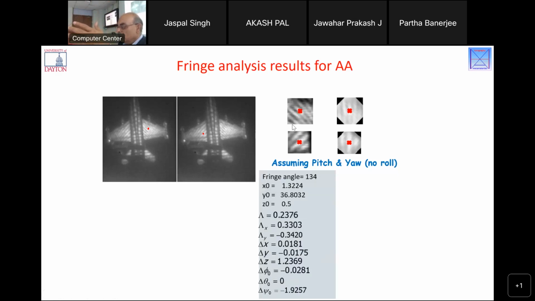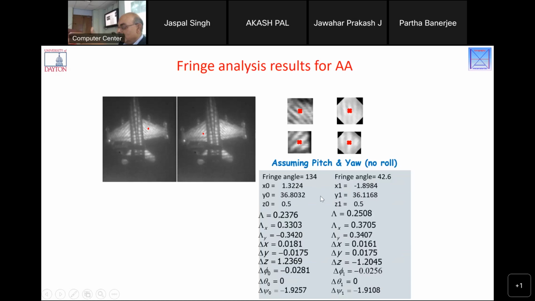So then, here, as you can see, these are standard kind of results. You find the fringe angle for one case, you find the fringe angle for the other case. As you can see, in this case, the fringe angle was like 135 degrees because they're in this direction. Here, the fringe angle is about 45 degrees. From there, you also can work your way all the way through, and then you can find out the amount of the pitch and the amount of yaw. All right, and this is all based on that very simple matrix analysis.